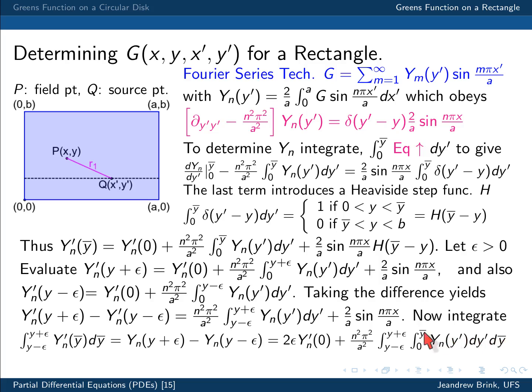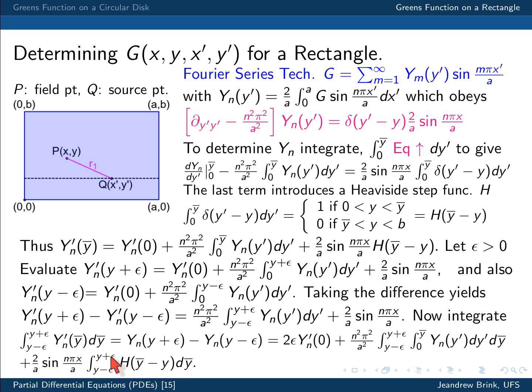And then here I've just added this integral in front of this yn y bar y prime dy prime dy bar. Okay, and then this final term is the integral of the Heaviside step function from y minus epsilon to y plus epsilon. Okay, but remember that the Heaviside step function is just 1 if it is greater than 0.